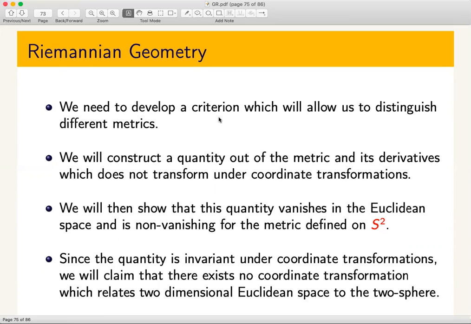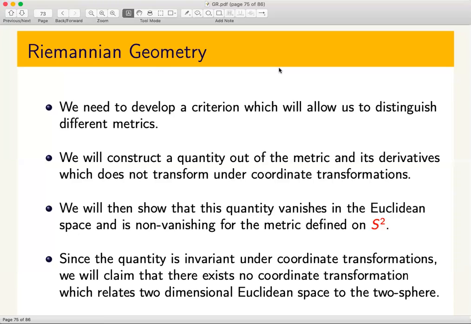Now, why do we want to write down these quantities in terms of the metric and its derivatives? Any cases? Because we know the transformation laws.